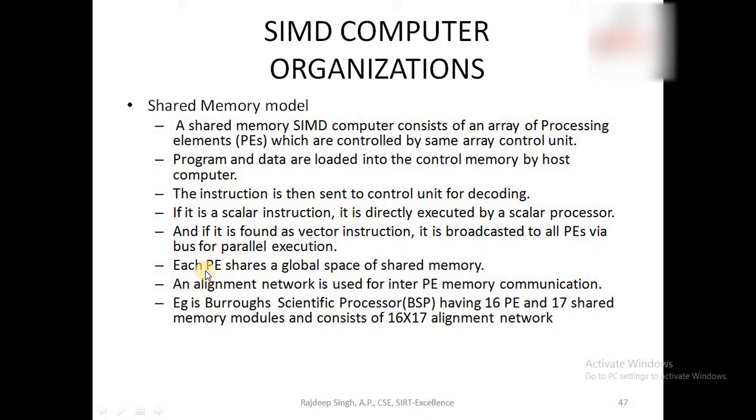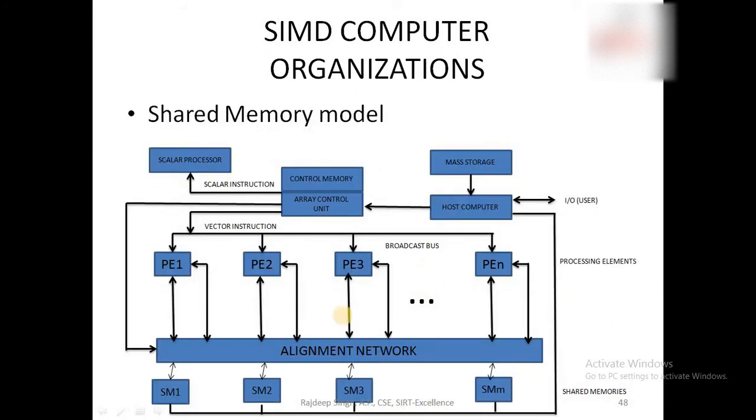Here I have written that each processing element shares a global space of shared memory. Look at this diagram: the processing element does not have any private or local memory of its own, but it is accessing this shared memory module. These memory modules are all shared. That means P1 can access SM3, SM2, SM1, or any other shared memory module.